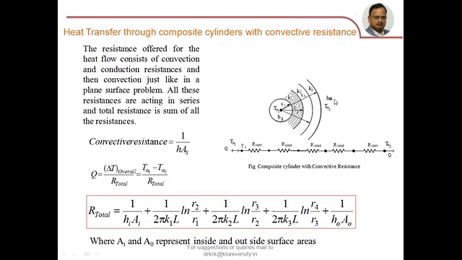So when Ho is the outside heat transfer coefficient and Hi the inside heat transfer coefficient are specified, you must consider the convective resistance also in addition to the conduction resistances.